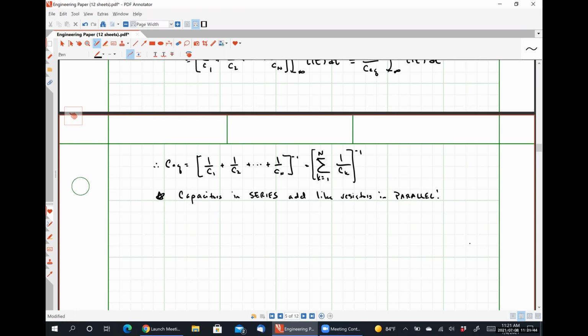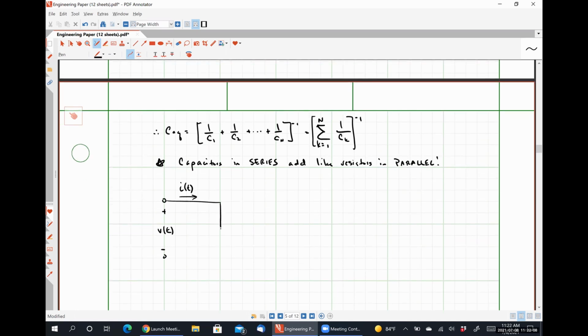If instead I have a network having some fixed voltage e of t across it, some current i of t entering it, and it contains a number of capacitors connected in parallel. So let's call this guy C1 and this current iC1.